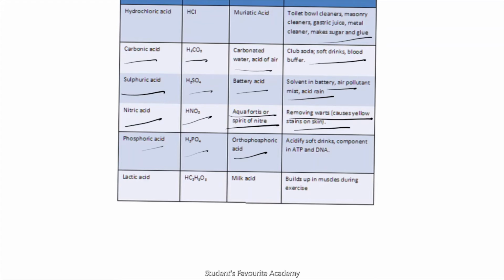It acidifies soft drinks, component in ATP and DNA. Then lactic acid, the formula is HC3H5O5. It is also called milk acid, builds up in muscles during exercises. Okay, so these are the uses of acids.